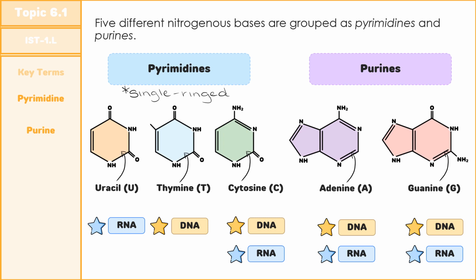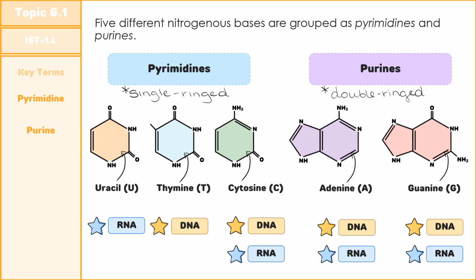So pure as in purines, as your A for adenine, and gold, your G for guanine. And our major distinction from the pyrimidines is that our purines are double ringed structures. So we get 2 rings in our purines.